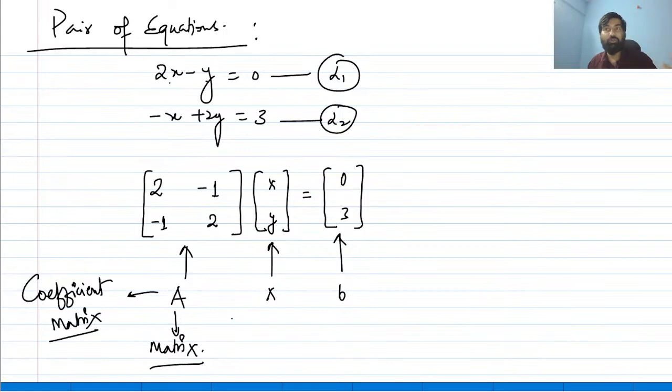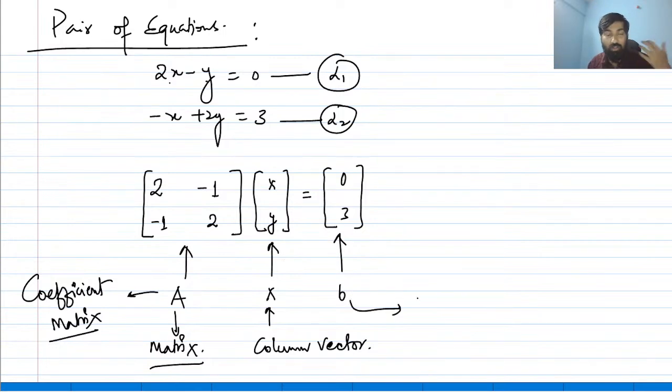Keep in mind from now onwards, this x will be known as the column vector. What will we call it? Column vector. Why are we calling it a vector? It has two components, x and y. X is one component, y is another component.